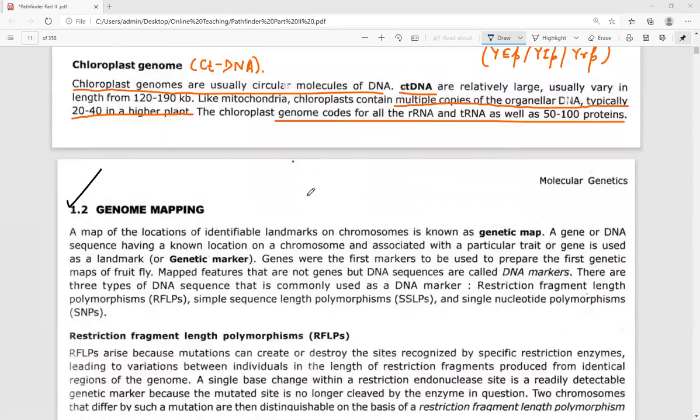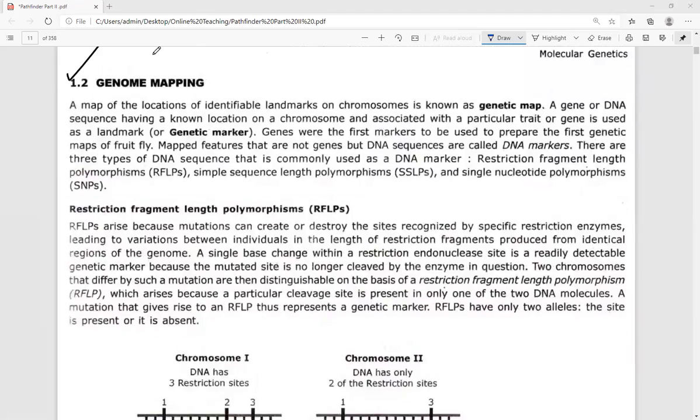Now moving forward, we are going to start with genomic mapping. What do you mean by genomic mapping? When you talk about a map, the term map refers to the location of identifiable landmarks on a particular chromosome, or over a particular area.